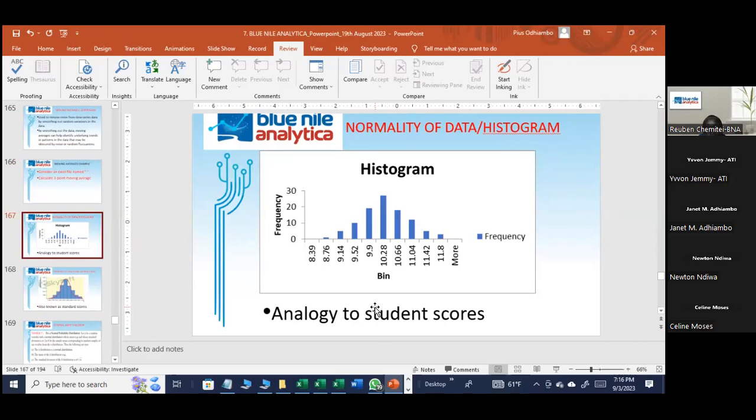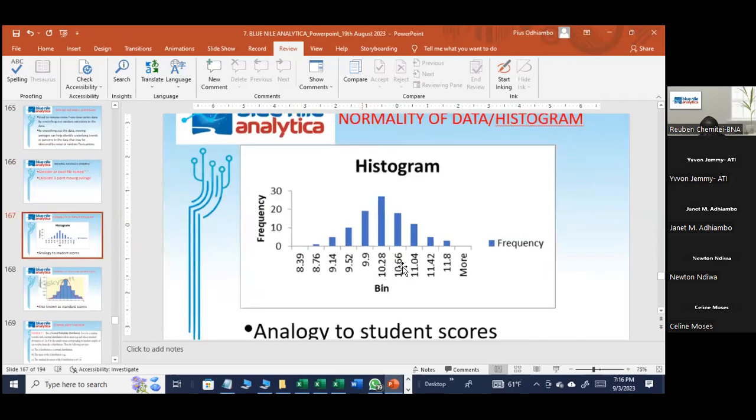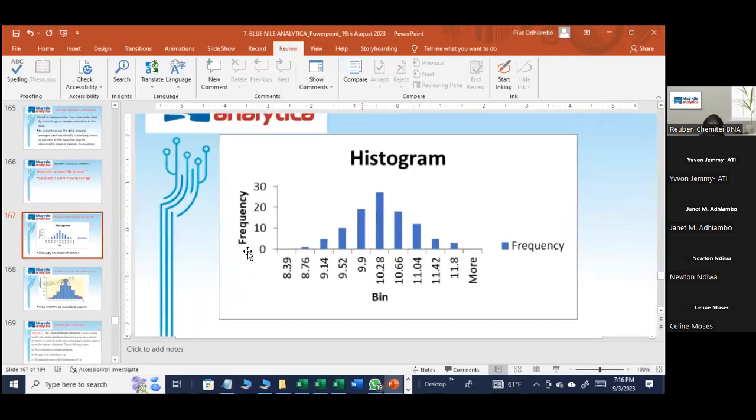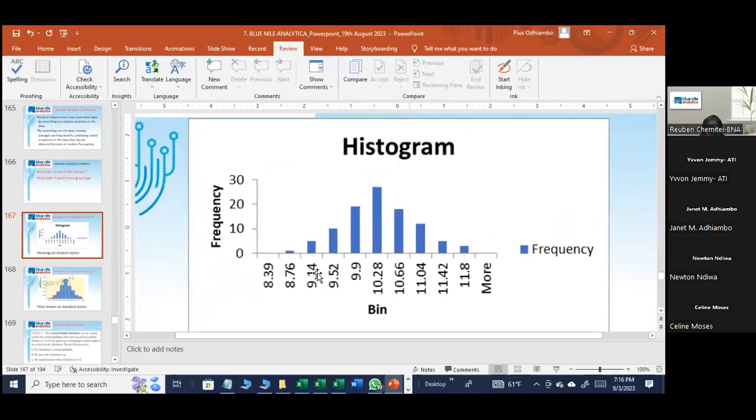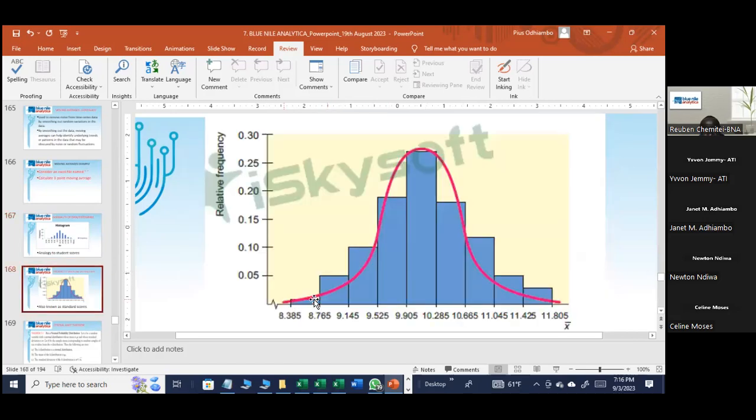Now, look at this chart here. This is a histogram. When we talk about data being normal, we are basically talking about this. On the extreme left, we have very low values. Then towards the average, we have more frequency of the values.